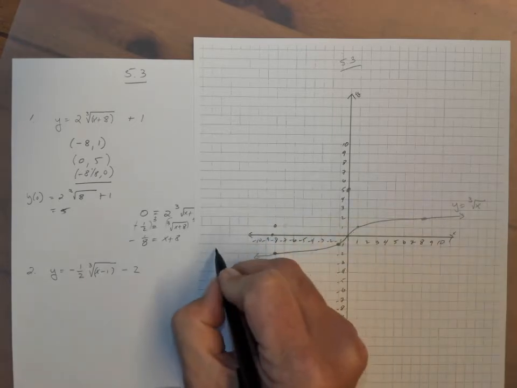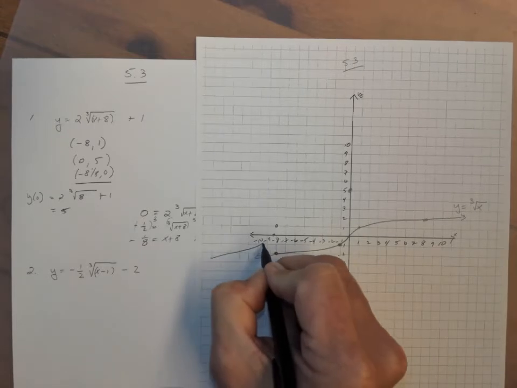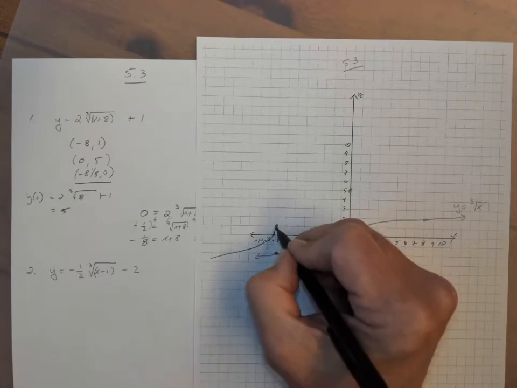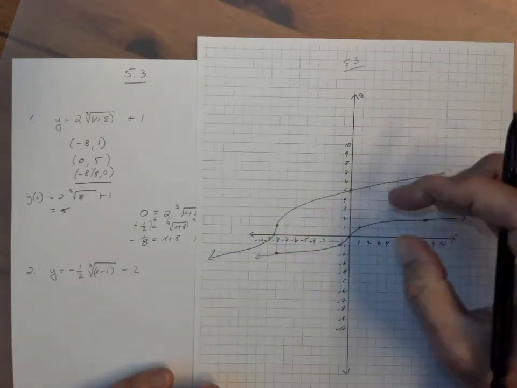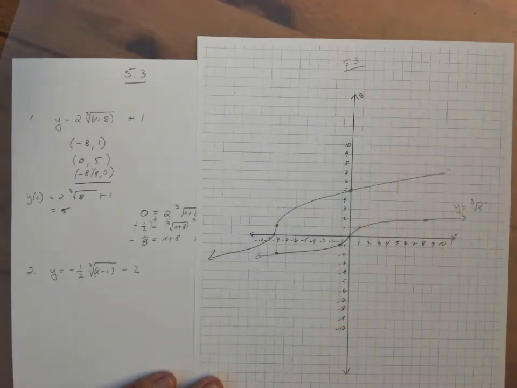Okay, so I know my graph is going to come from down here. Going to come up. This point here has been moved 8 to the left and 1 up. And you can see there's this vertical stretch that this one does not have.